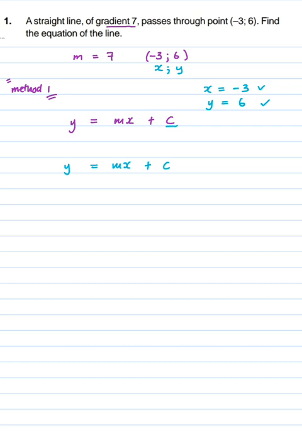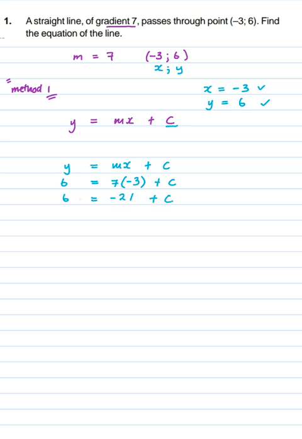So y is 6, which is equal to m, which is 7, multiplied by x, which is minus 3, then plus c. So 6 is equal to minus 21 plus c.